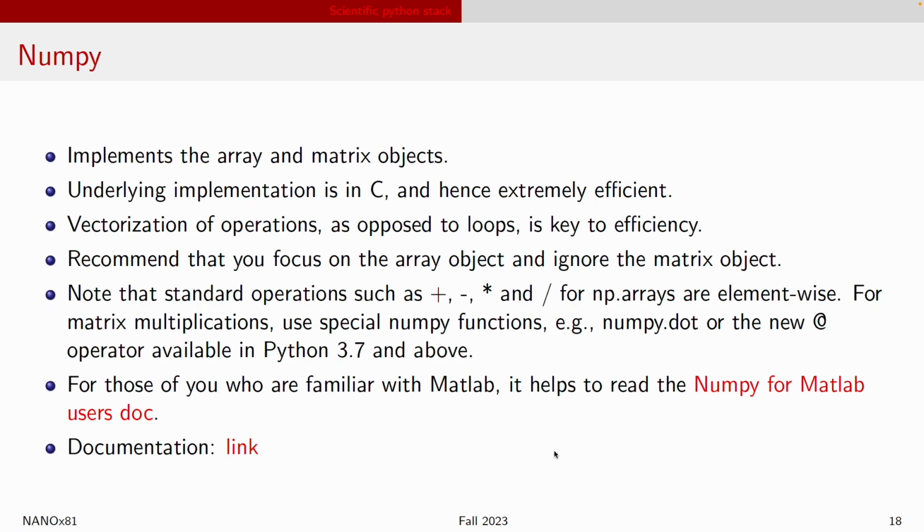So for matrix multiplications, what you need to do is basically to use special NumPy functions. There is actually a specific function called numpy.dot, which is what you actually use to perform a dot product in NumPy, okay?